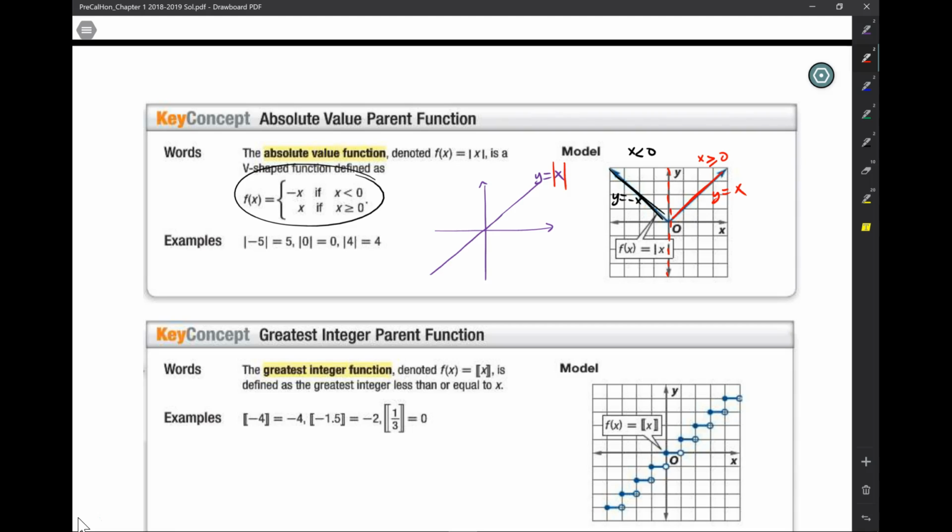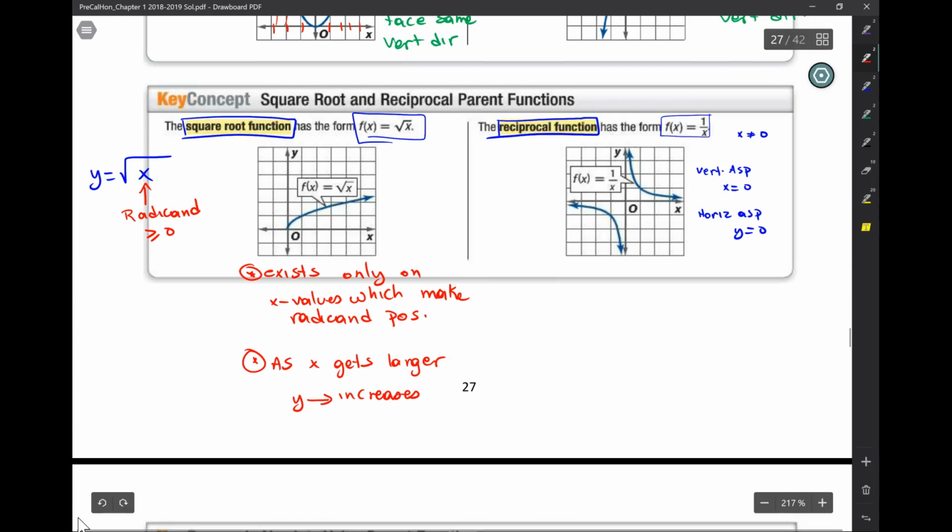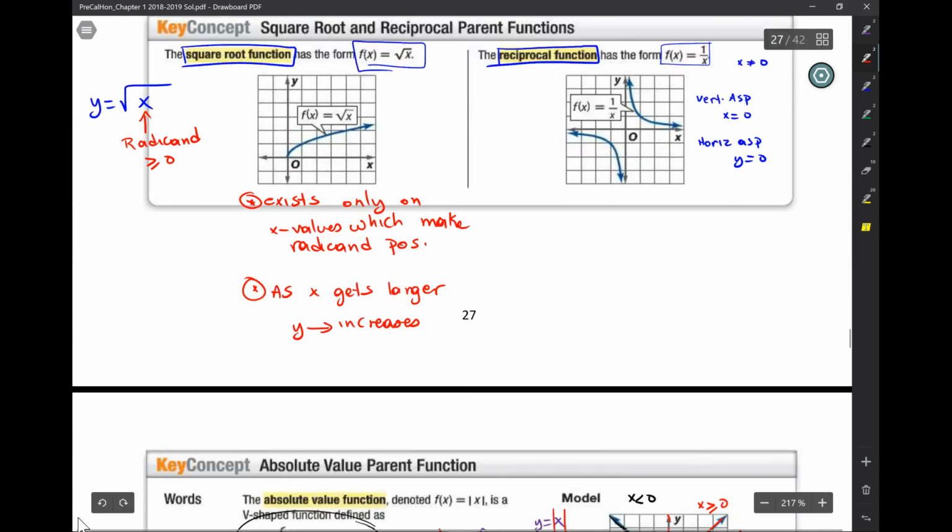Negative y. X or y values? Y values. Can x still be positive? Yeah. Can x still be negative? Yeah. So it exists overall here, but can y ever be negative now? No. So what it does is it takes the part which was negative and reflects it up this way. Okay?